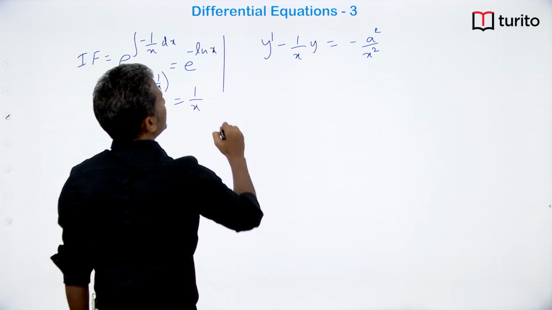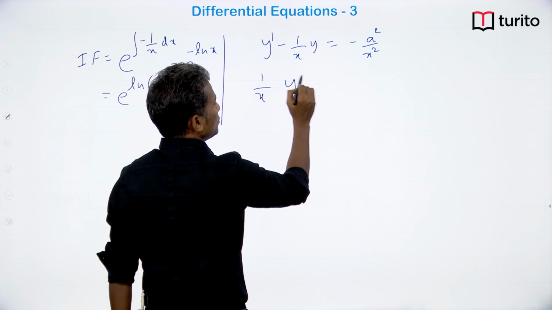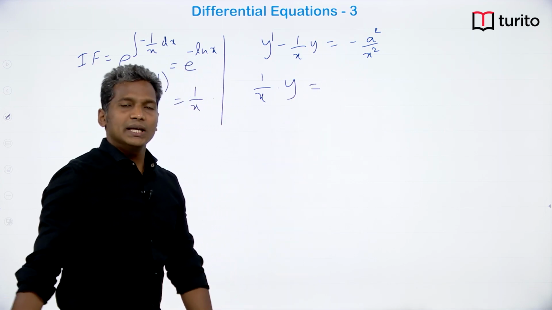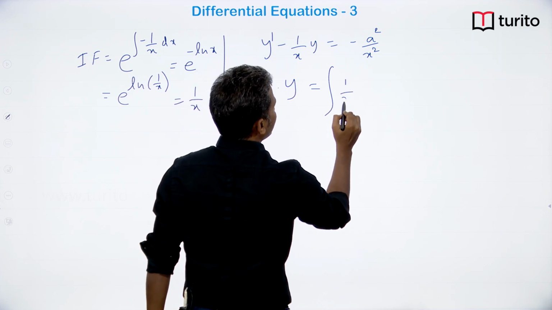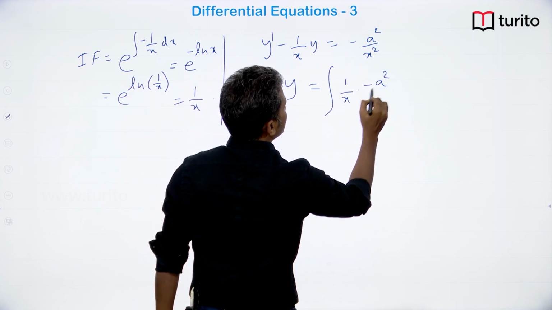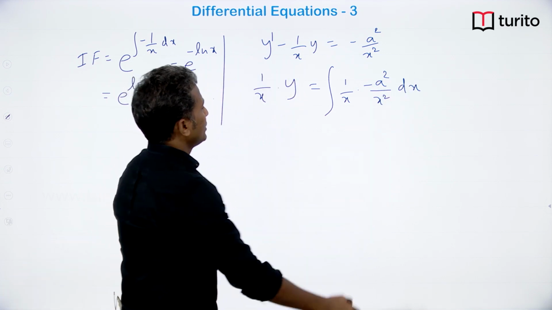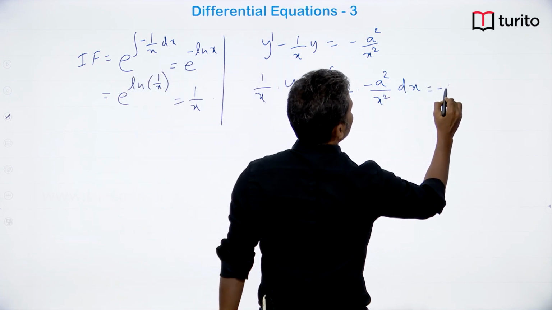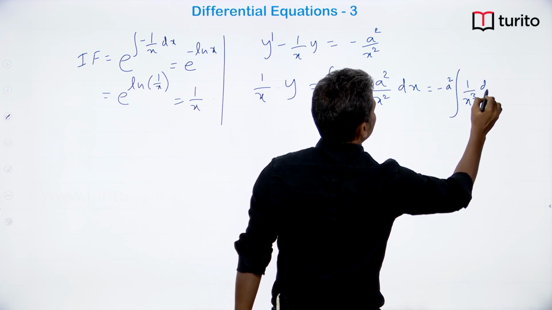So further how do we do it? Integrating factor into dependent variable is equal to integral of integrating factor into RHS dx. So here we are basically getting minus a square into integral of 1 by x cube dx.